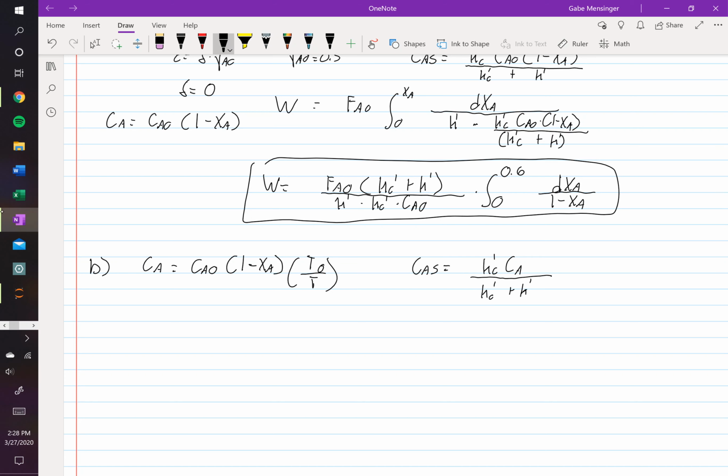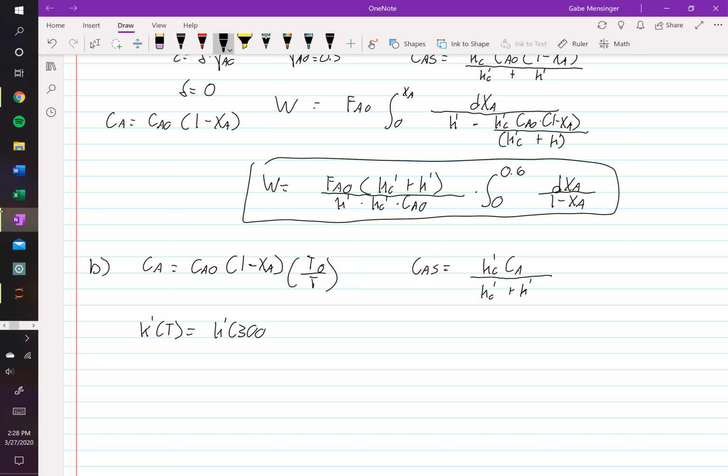Since Kc is a function of your catalyst, but K prime, which is the actual reaction constant, is going to be a function of T. It's going to be a function of T based on the Arrhenius equation.